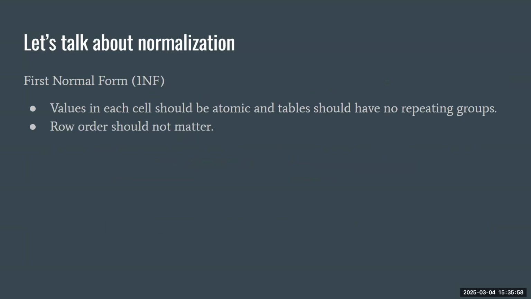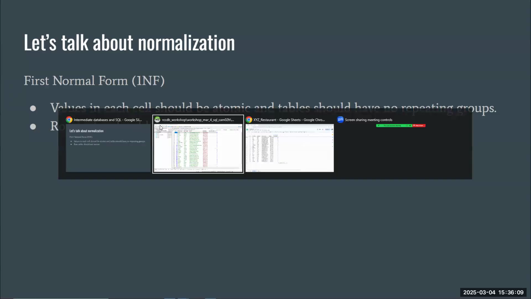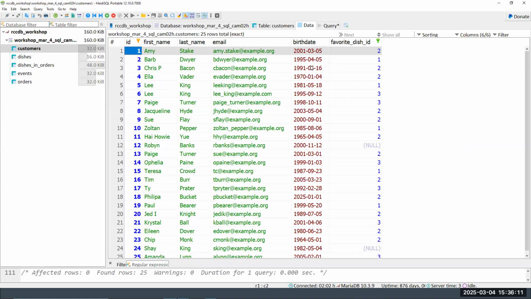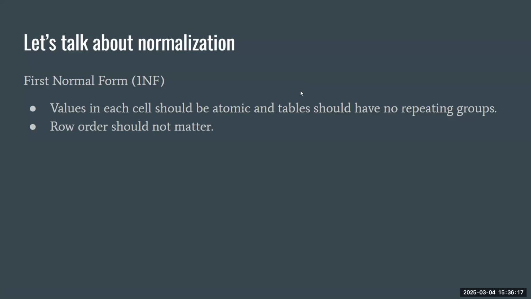All right. Okay, so first normal form rules. Values in each cell should be atomic. That means each cell in your database should contain one and only one value. We covered that a minute ago when we were discussing how to model the dishes table for the orders table.